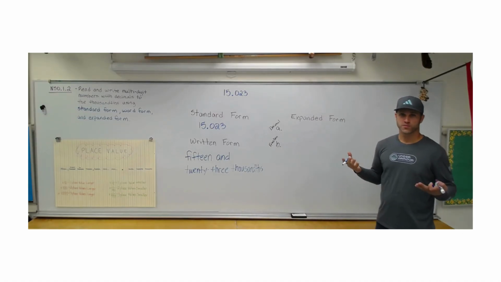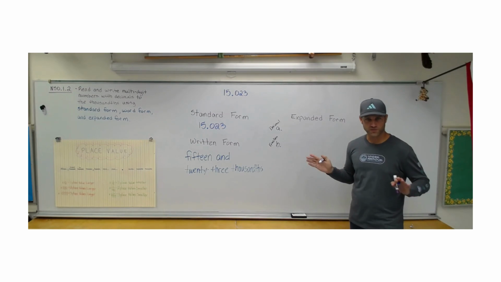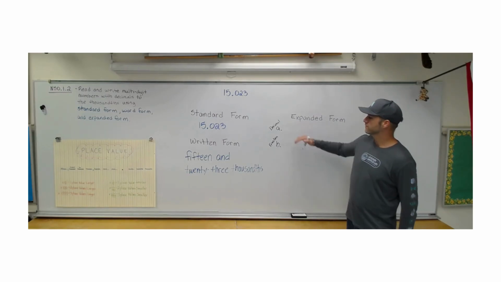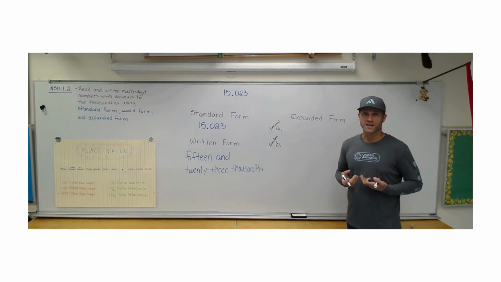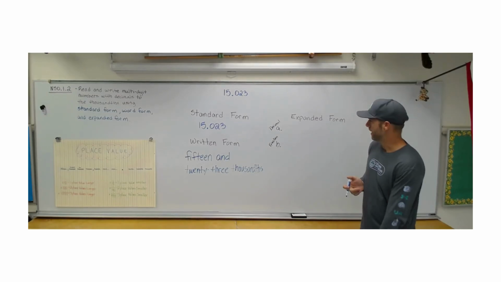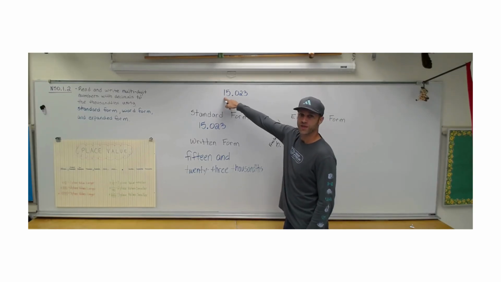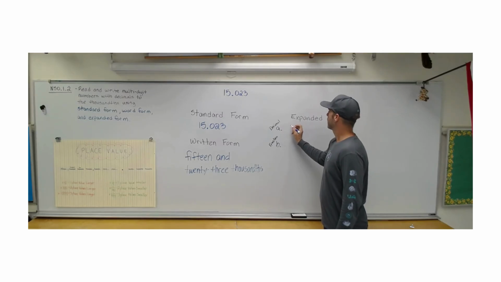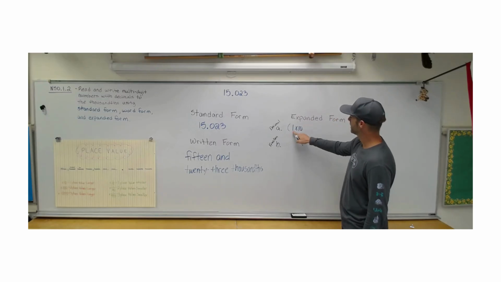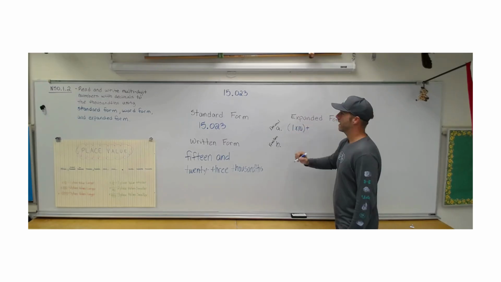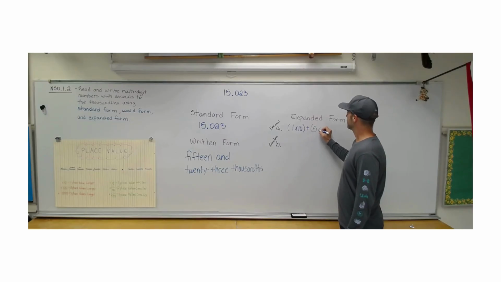And the final way to express a number is going to be in expanded form. Now I'm going to show you 2 different ways we can write it in expanded form. We have a decimal version and we have a fractional version. So expanded form is a number broken down by place value. So if I look, I have a 1 here. So that 1 is in the tens place. So I can say 1 times 10. I also have a 5 in the ones place.